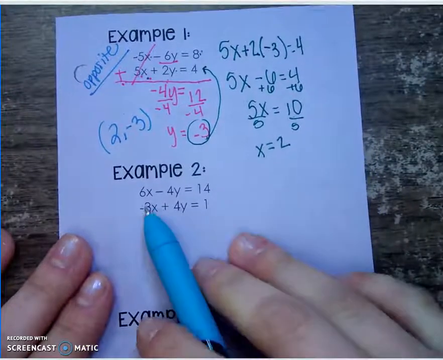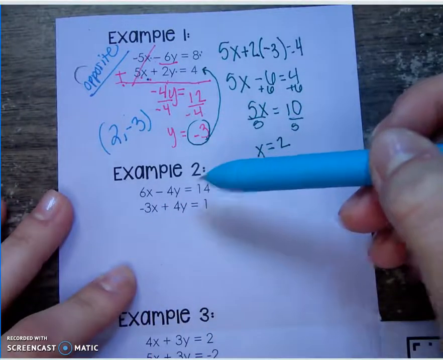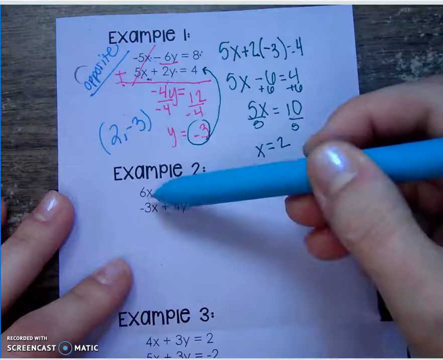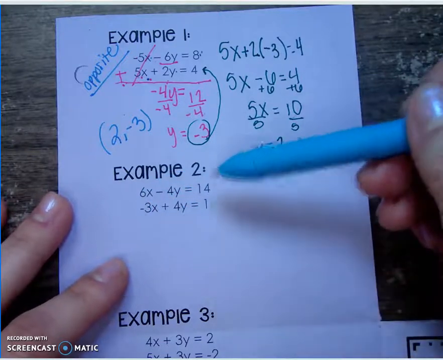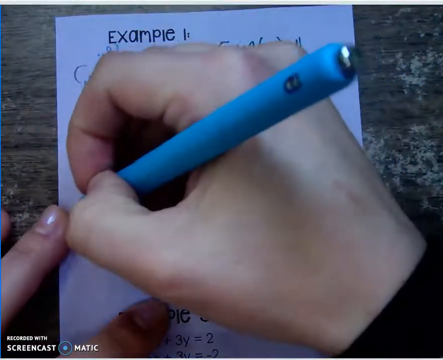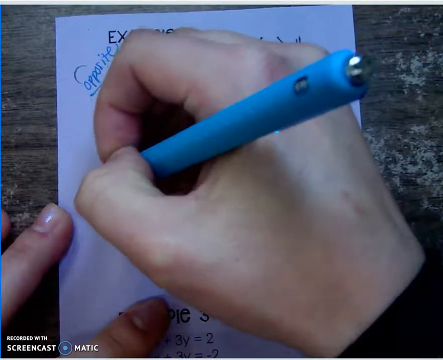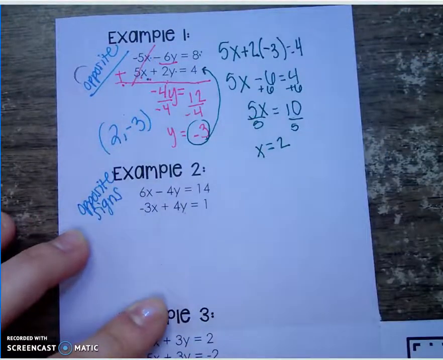All right, so let's continue on here. Example 2. I have two different variables. This x has a coefficient of 6 and then the other x has a negative 3. That's not going to cancel out nice and easy. But this is a negative 4 and a positive 4. Those are opposite signs as well. So what did I do at the top one?